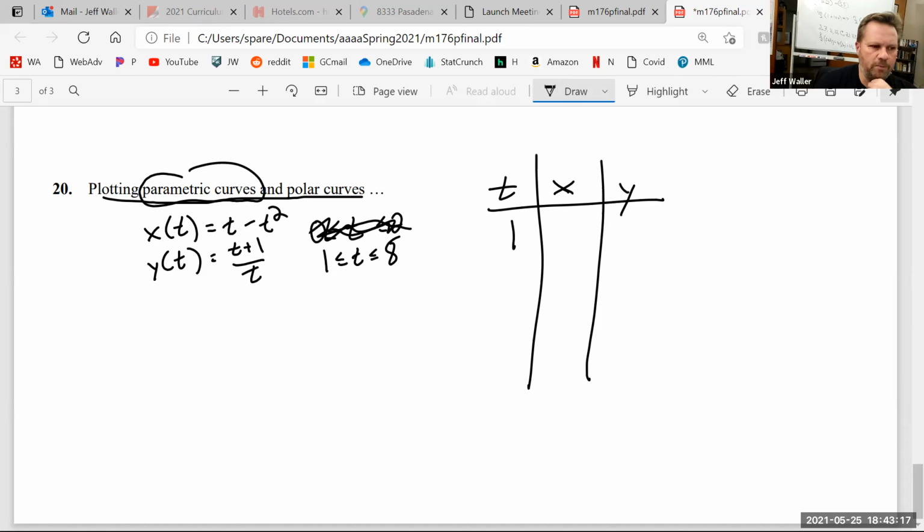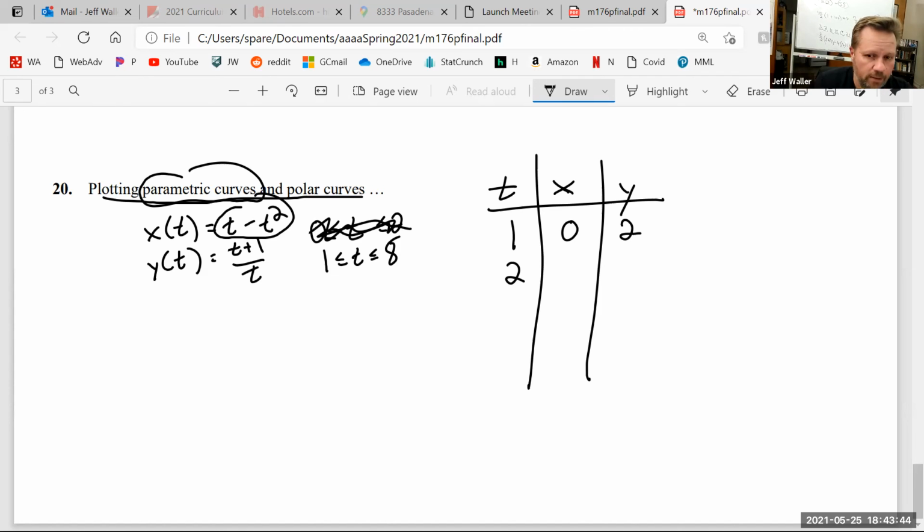So 1 minus 1 is 0. I just plug in the value of 1, and I get 1 plus 1 divided by 1 is 2. Now if I need to, I can increase my resolution by putting in t equals 1/2. Do you guys remember this? We don't use angles for this?